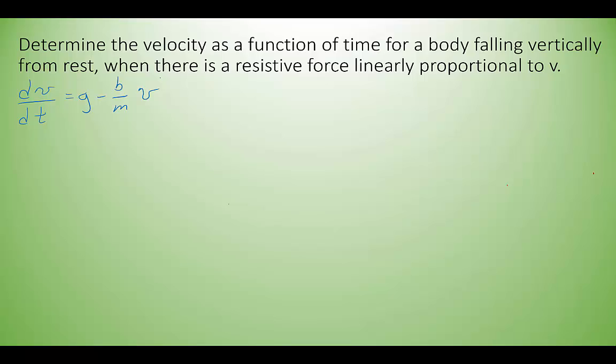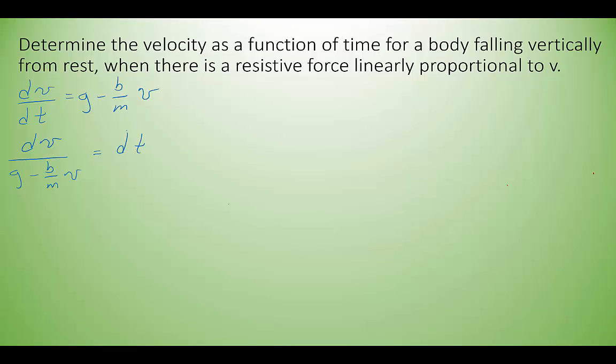And let's put t's on one side and v's on the other side. So we end up with dv over g minus b over m v is equal to dt.